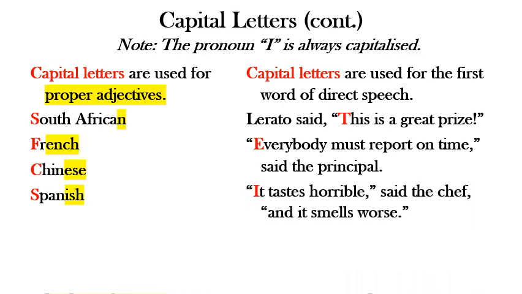And you've got here, "It tastes horrible," said the chef, "and it smells worse." Sounds like Gordon Ramsay, right? And there you go. As you can see, the first word of the direct speech, It, is capitalized.